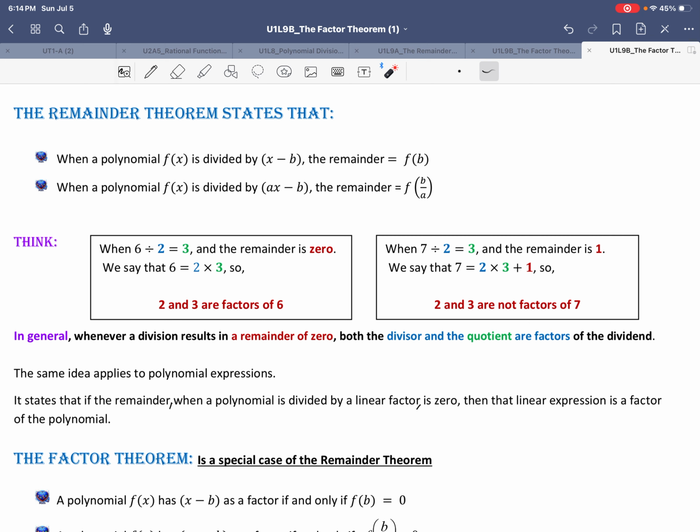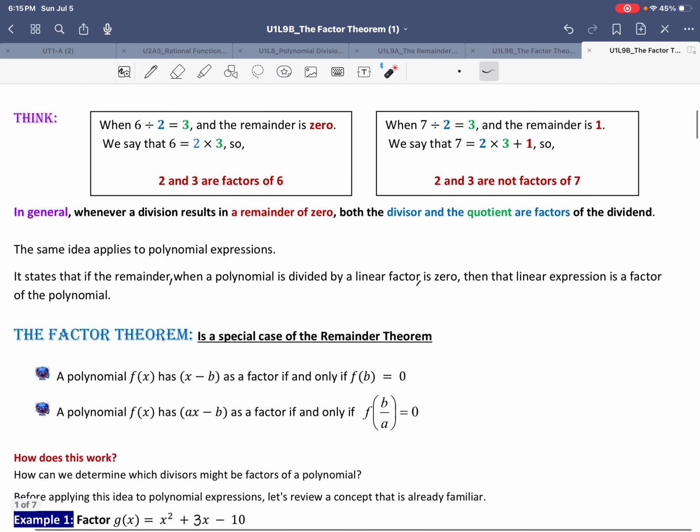Now, this leads us to the factor theorem, which is really just a special case of the remainder theorem. The factor theorem states that a polynomial f of x has x minus b as a factor if and only if the value of the function at b is 0, which means that the remainder would be equal to 0 when f of x is divided by x minus b.